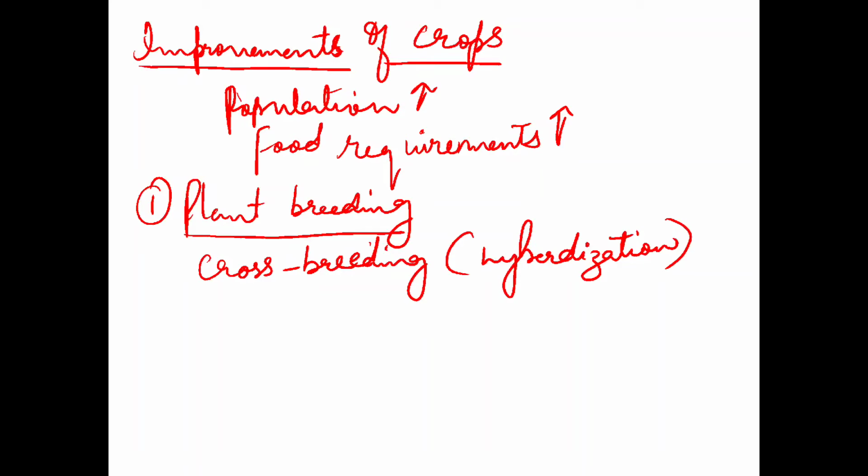Then the pollen grains of another plant are dusted over the stigma of the flower to bring about cross pollination. This plant is now again crossbred. The process, when repeated several times, yields improved plants. That is called stock, and this variety has desired characters and is resistant to many diseases.